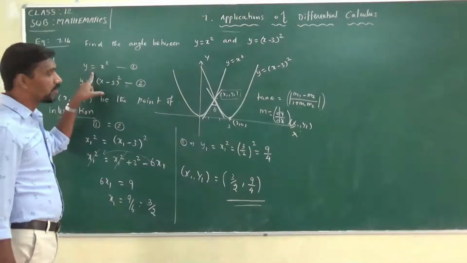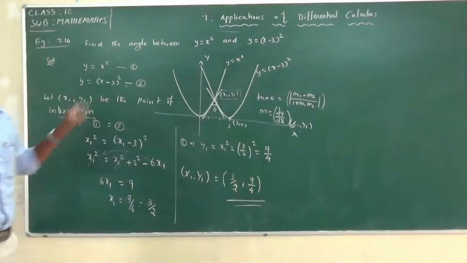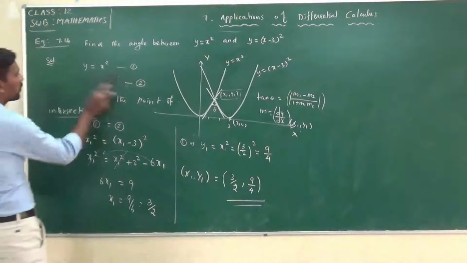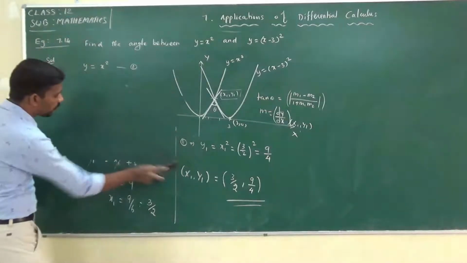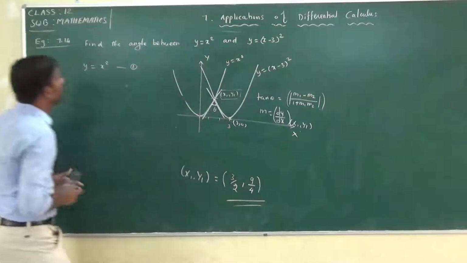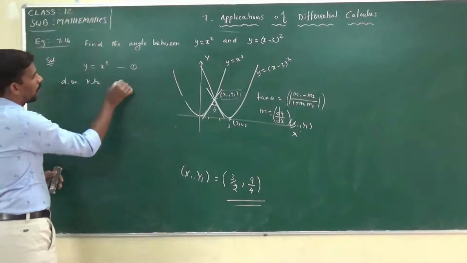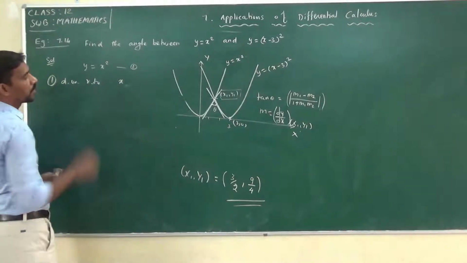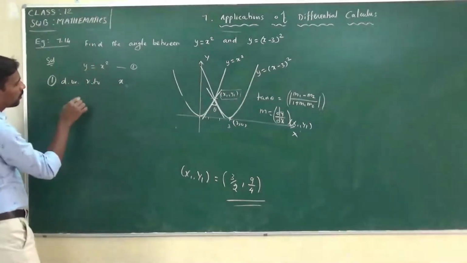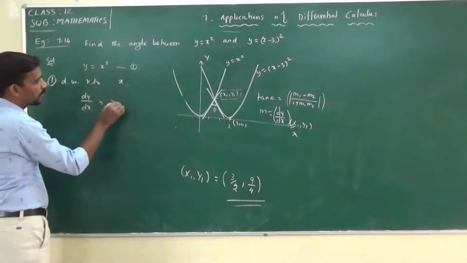We take the first curve's differentiation as m1 and the second curve's differentiation as m2. Now take the first curve y equals x square and differentiate with respect to x. What do we get? dy divided by dx is 2x.